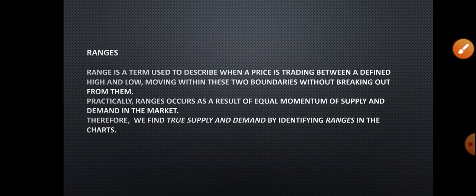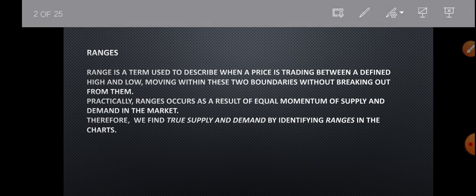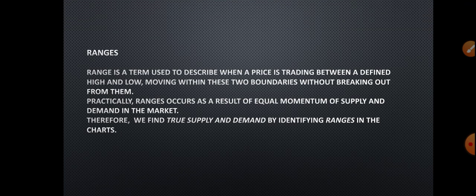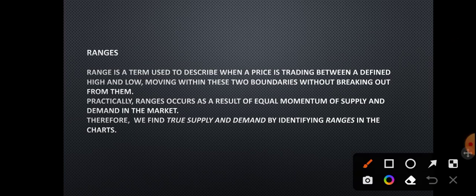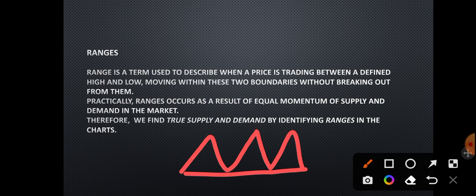So, the way I look at the market is I look at the market in ranges and impulses. We all know what ranges mean. A range is a place where buyers and sellers are in the same momentum.